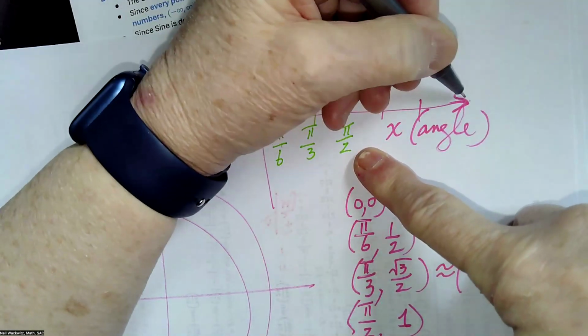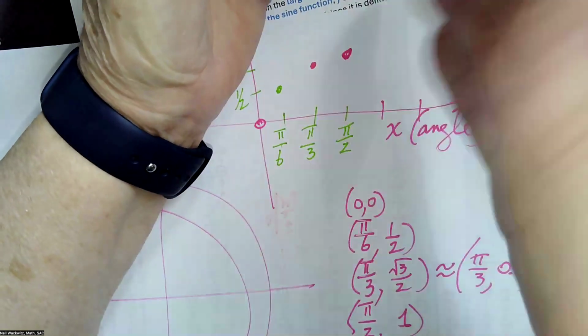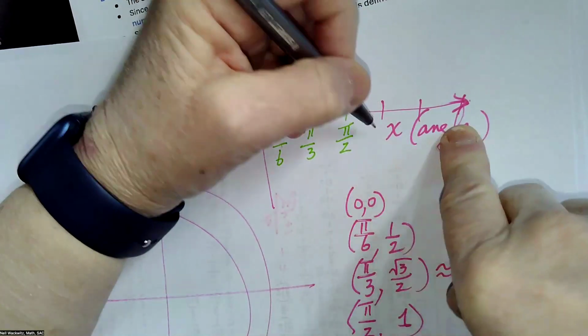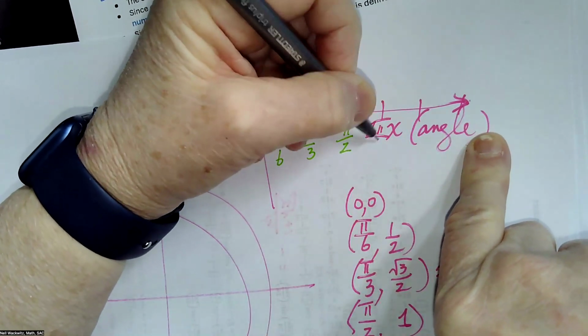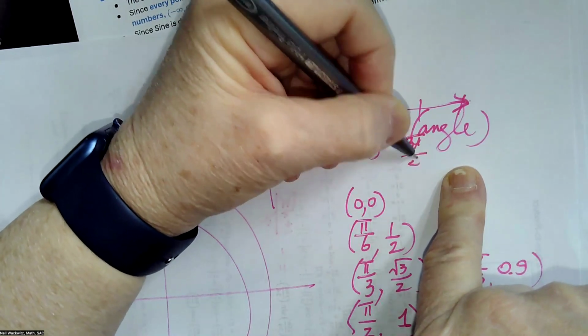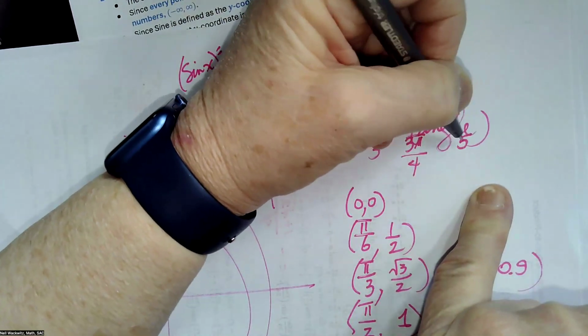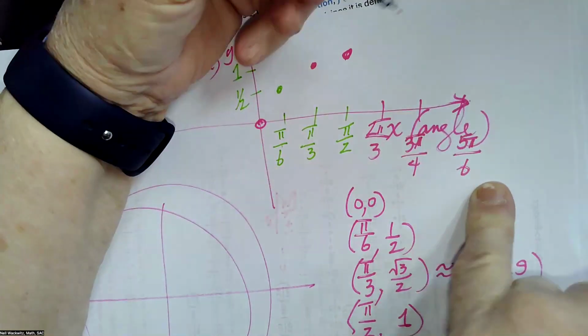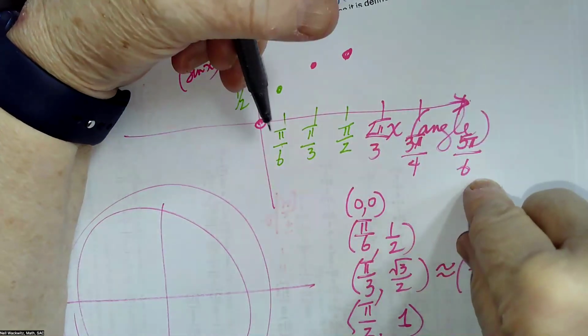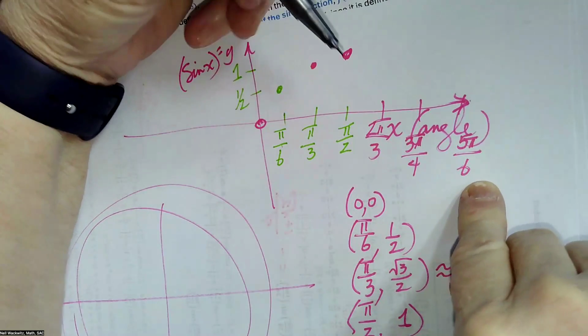And then sine repeats from the first quadrant to the second quadrant. That means that 2 pi over 3, 3 pi over 4, and 5 pi over 6 are going to have the same values as pi over 6, pi over 3, and pi over 2.